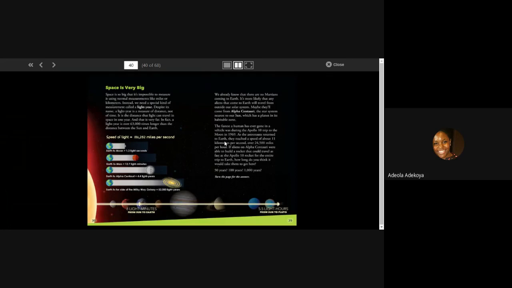As the astronauts returned to Earth, they reached a speed of about 11 kilometers per second, over 24,500 miles per hour. If aliens on Alpha Centauri were able to build a rocket that could travel as fast as the Apollo 10 rocket for the entire trip to Earth, how long do you think it would take them to get here?